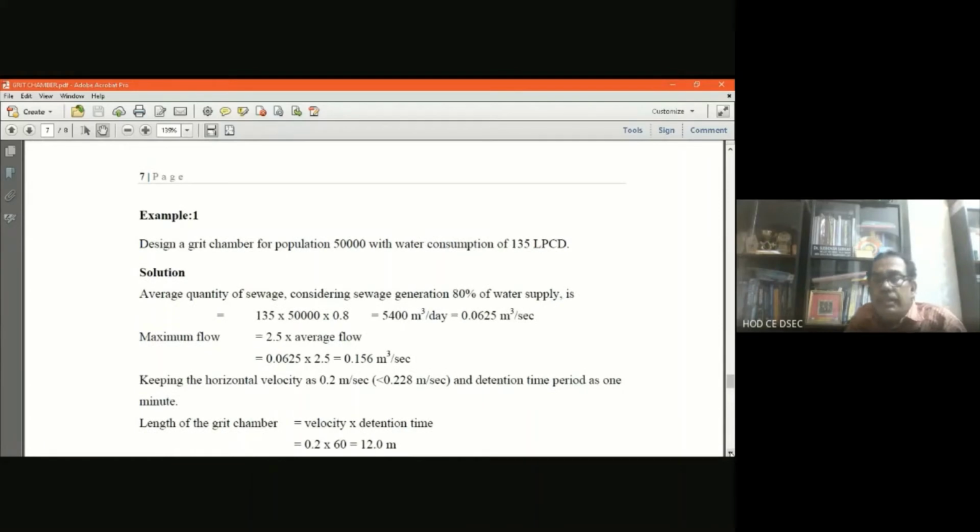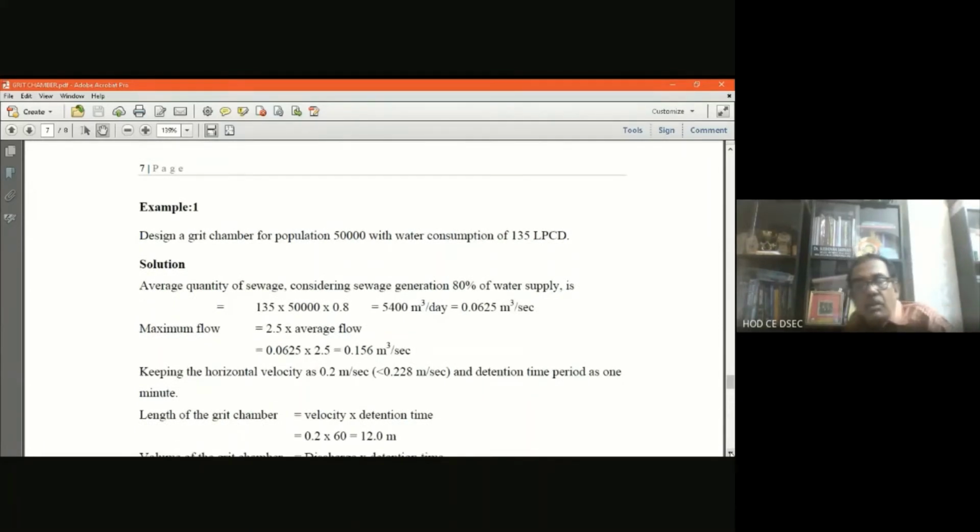Now, let us take an example of grit chamber design. Let us solve a problem. Design a grit chamber for a population of 50,000 with water consumption of 135 liters per capita per day.